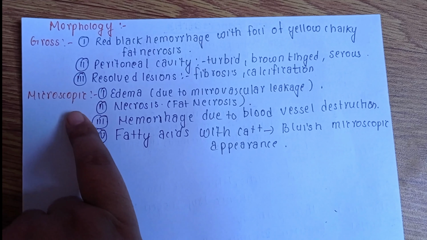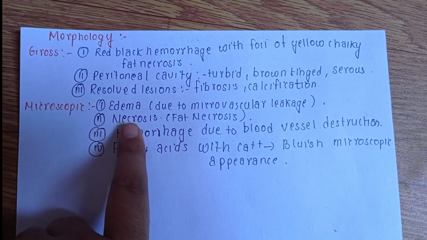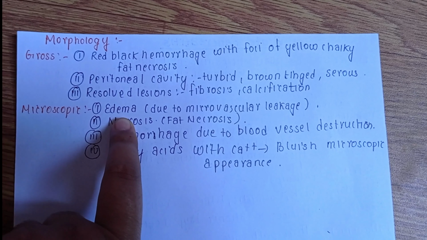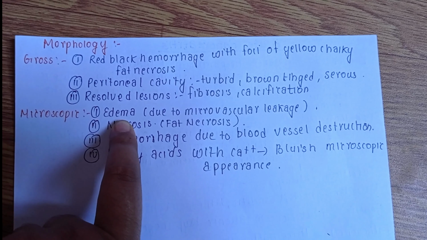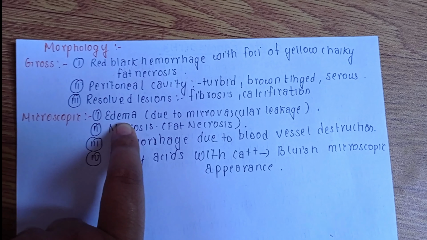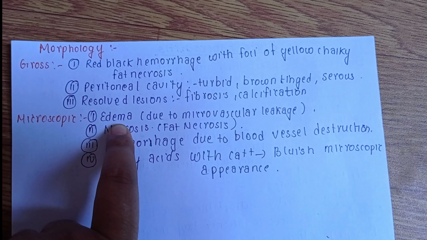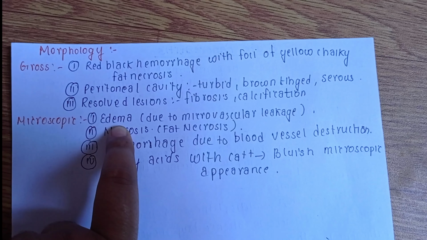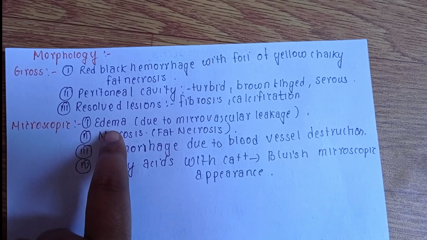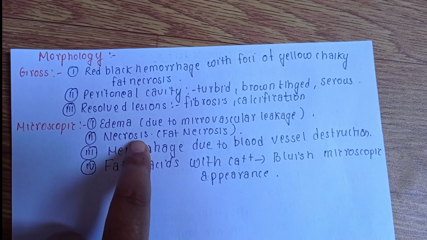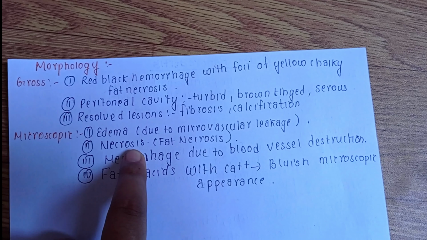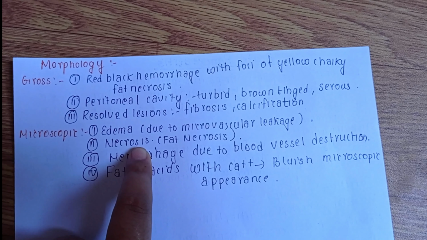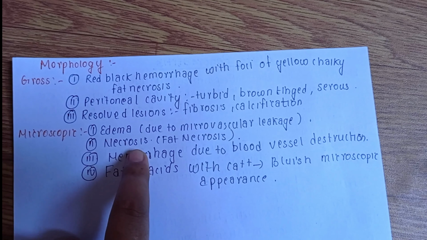Now let's go to its microscopic features. We have already said that it leads to edema. So, in the microscopic features, first one is edema, which is due to microvascular leakage. Then there is fat necrosis due to destruction of the fat cells.